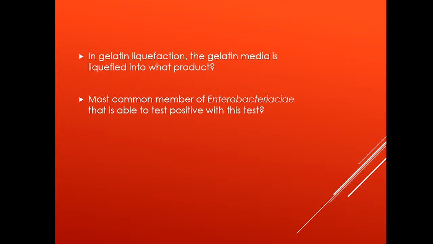We have Serratia marcescens and Serratia rubrum. We're going to talk about them later on. So just remember that in gelatin liquefaction, gelatin media is liquefied into amino acids. All right? Really, sir? I thought gelatin has only carbohydrates. No, gelatin is actually the denatured proteins, and they will form a jelly. Hence the term gelatin.